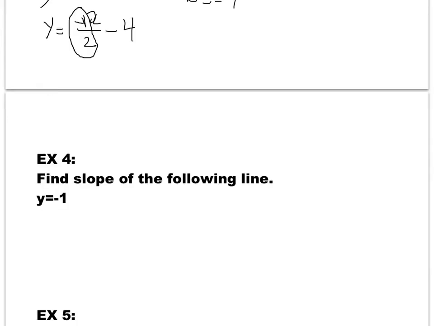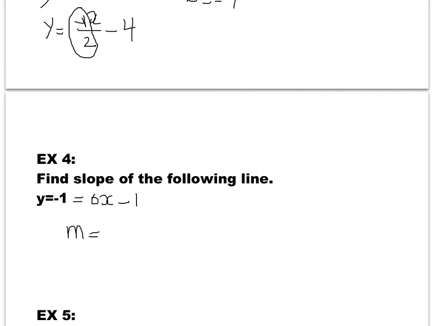Okay, for this case, y equals -1. To write it in slope y-intercept form, I'm going to write this as 0 times x minus 1. Does it make any difference here? No, because 0 times x is 0, minus 1 is -1. But now, if you look at this, what is m now?